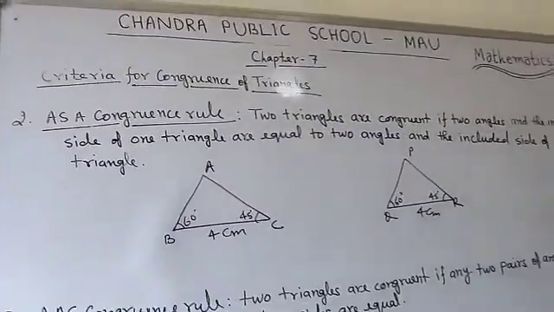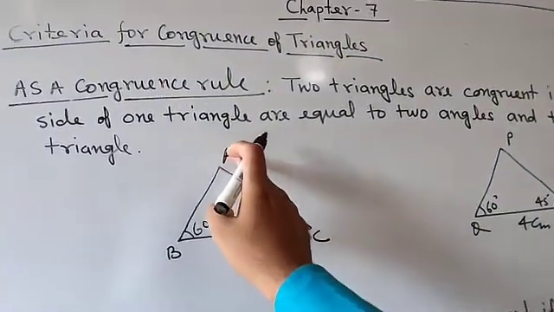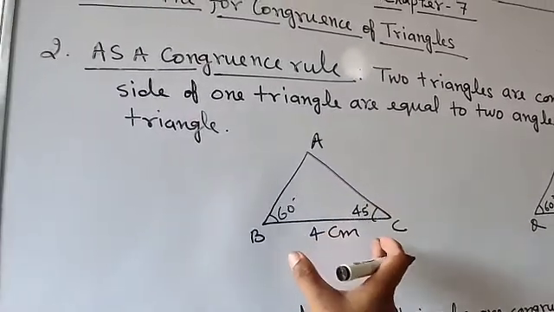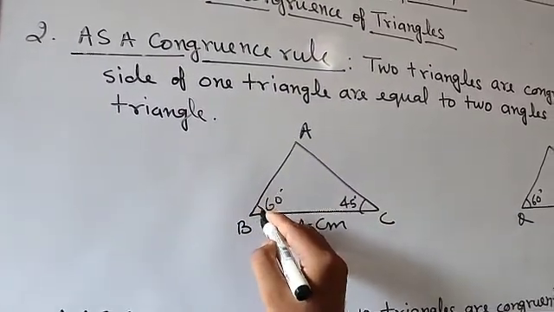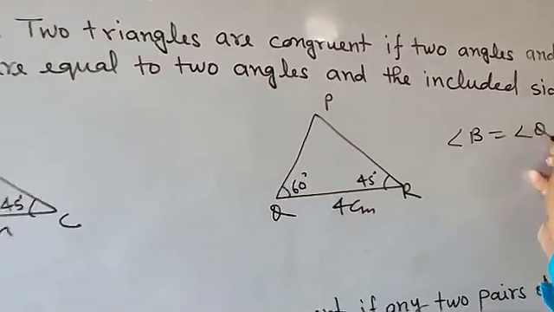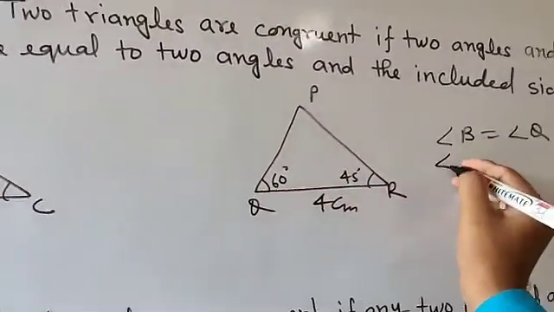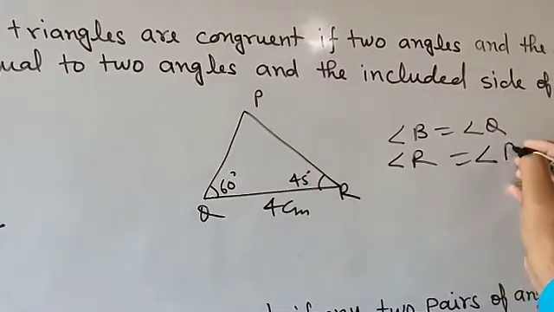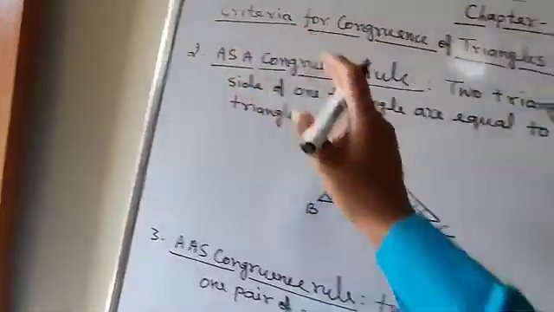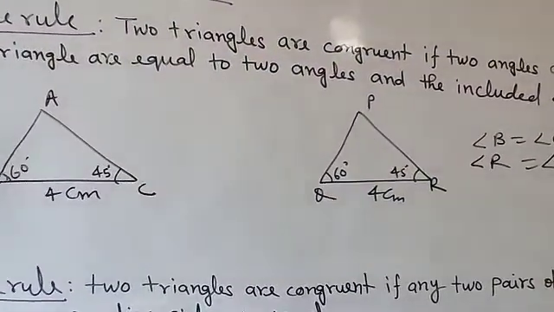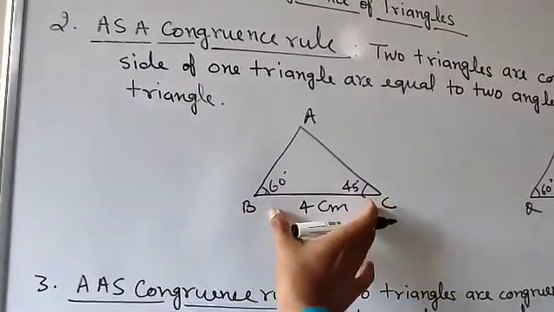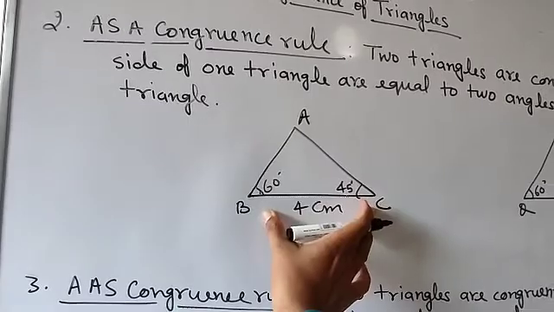According to that, here I am going to take an example. Suppose triangle ABC and triangle PQR are here, and the two angles are equal: angle B is equal to angle Q, and angle C is equal to angle R. Here two angles are equal, and included side means both the angles are formed on the side BC.